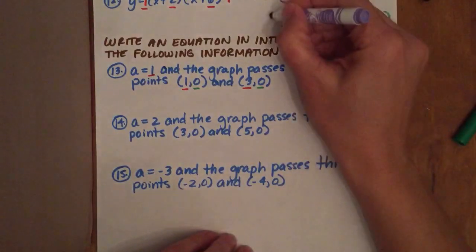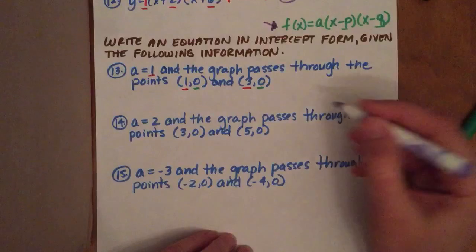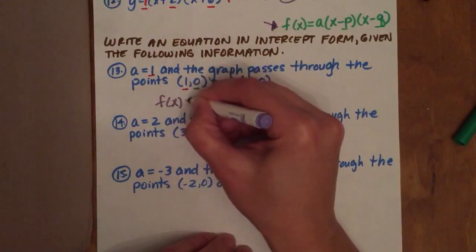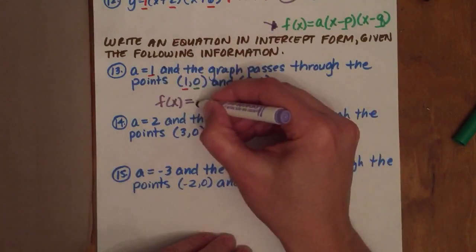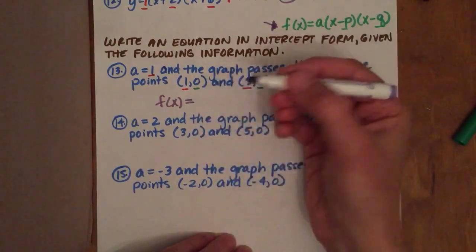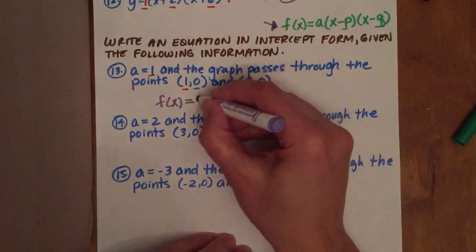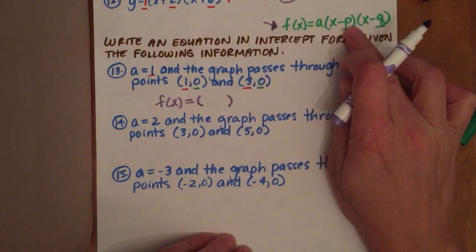So knowing that this right here is our intercept form, let's use what we have. So f of x is going to equal, what's our a value? It's 1. I don't have to write it, so I'm not going to. Anytime you have a 1 for an a value, it's understood to be there. So let's look at our p and q values. Remember, it says x minus p.